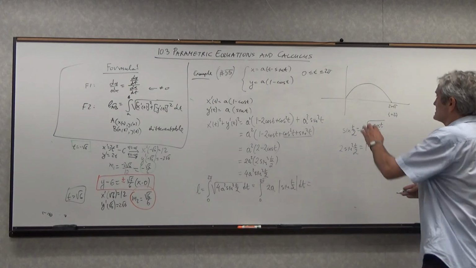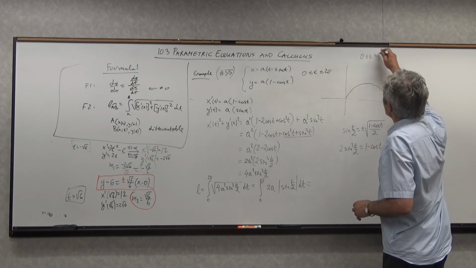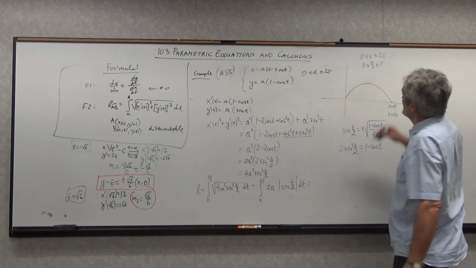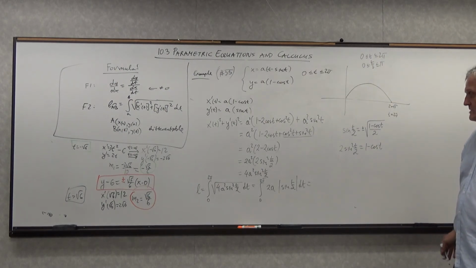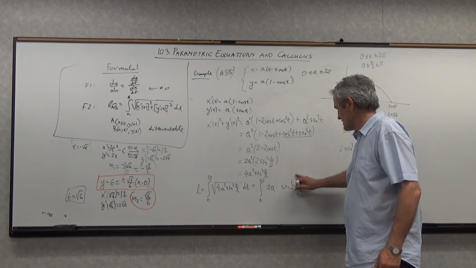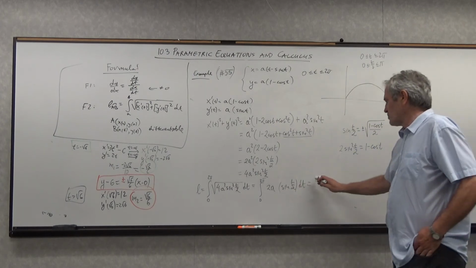Why? Because if t is between 0 and 2 pi, then t half is between 0 and pi, and sine is non-negative, greater than or equal to 0, so the absolute value is unnecessary because it's always positive.